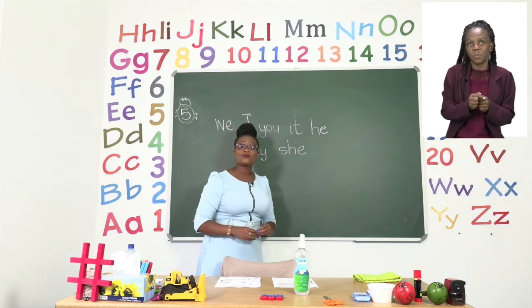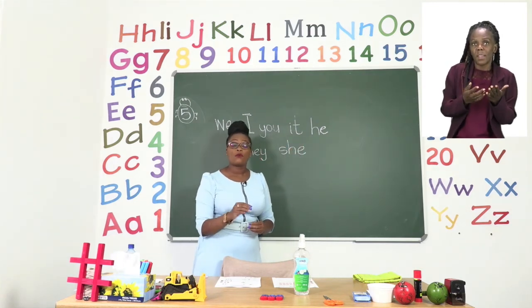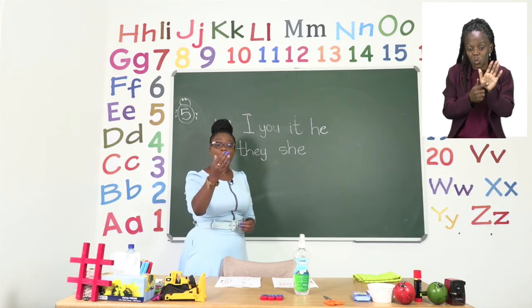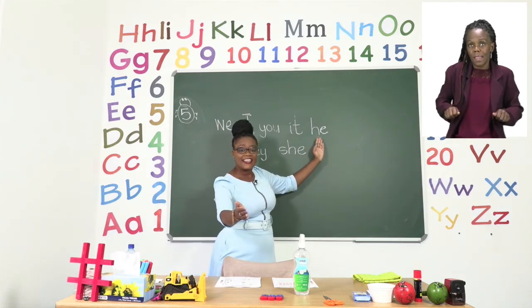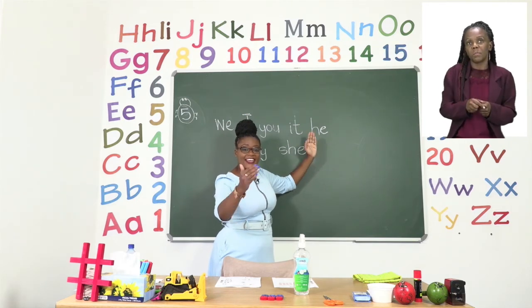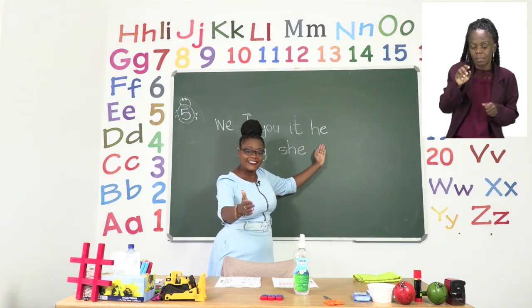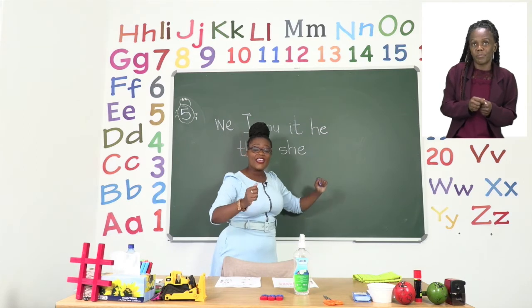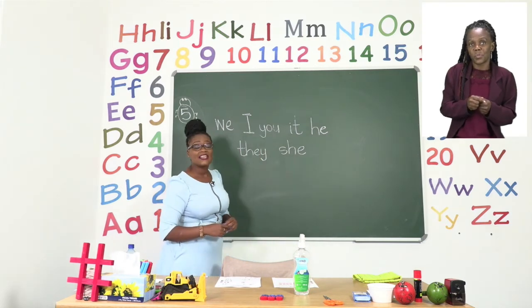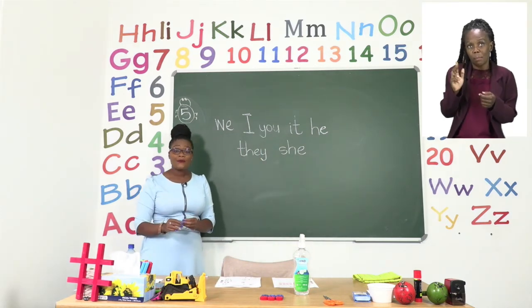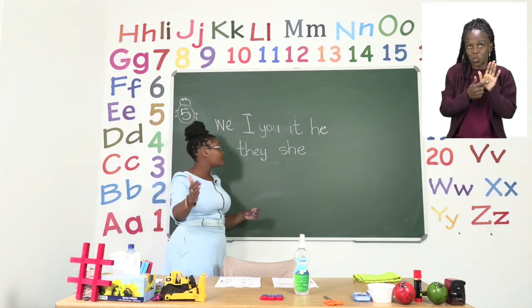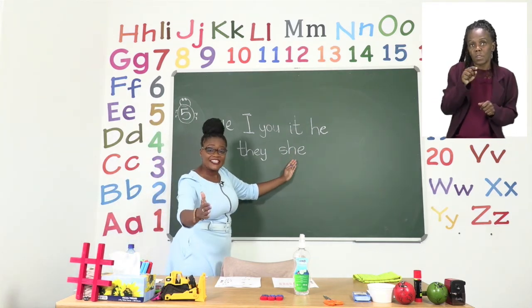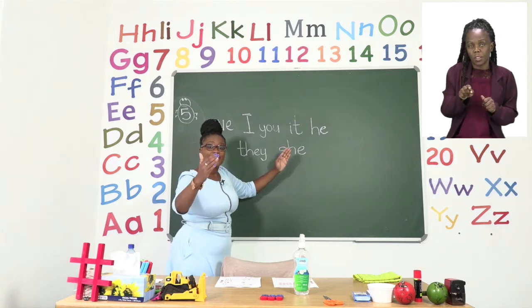If the person we are pointing to is a boy or a man, we point to that boy or man and we say he. He. And then if that person is a girl or a woman, we point to that girl or woman and we say she. She.